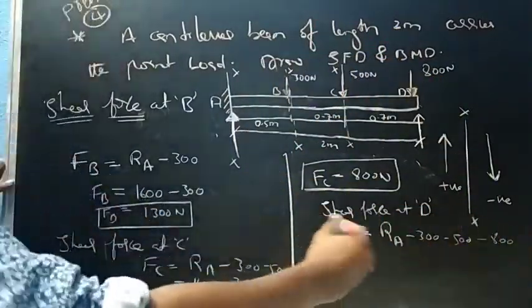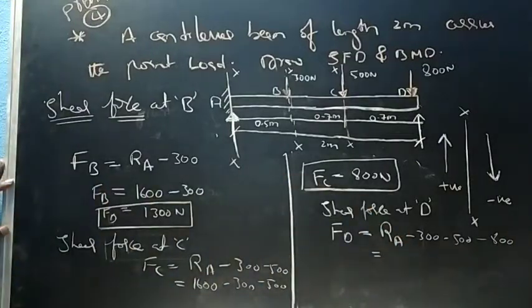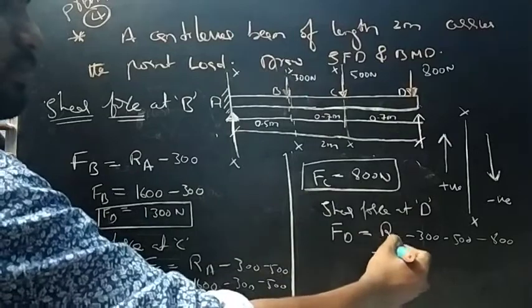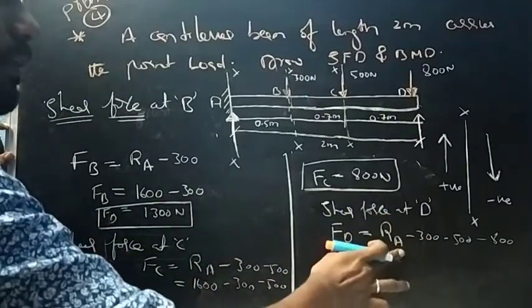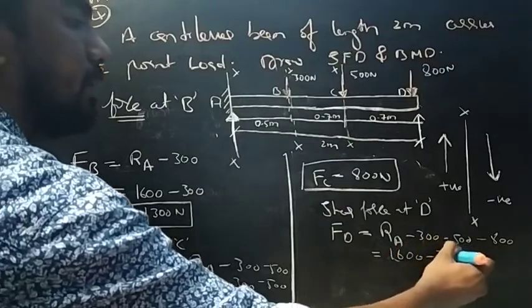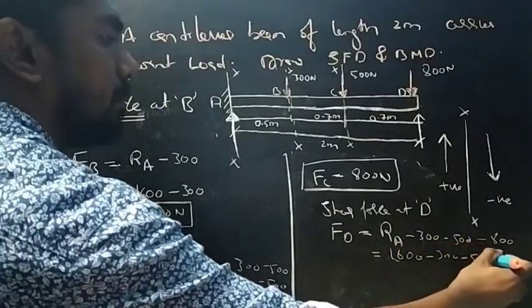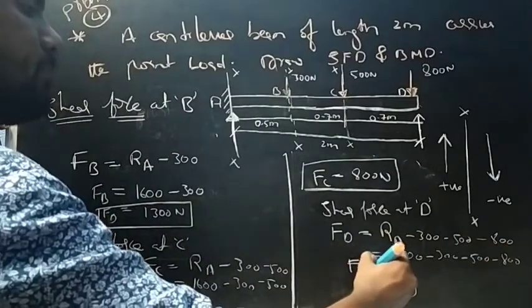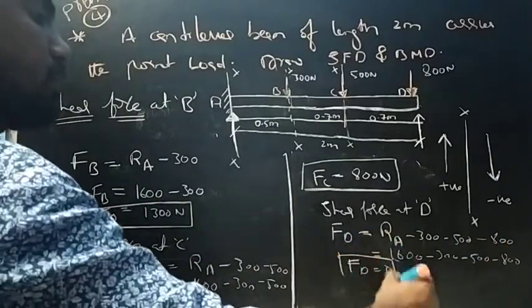So let me write 1600 minus 300 minus 800 minus 800. So we got FD equals to 0.